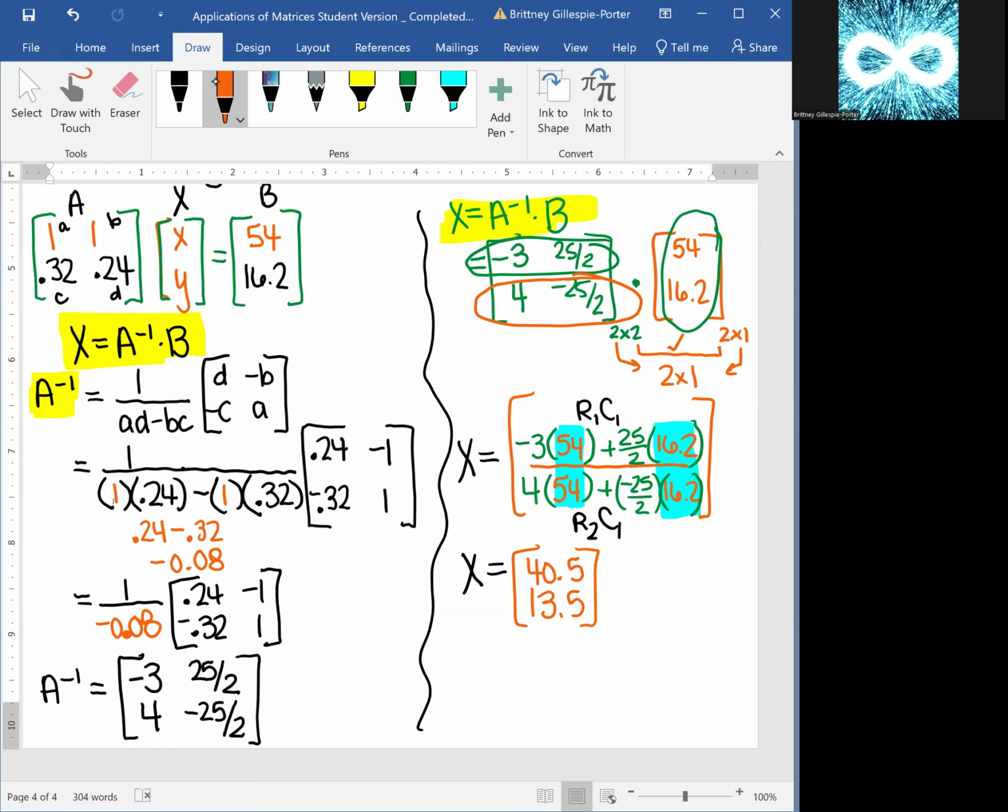Remember, you cannot stop here because they didn't ask for a matrix answer. They want to know how much lavender and how much bergamot soap they need to mix. But remember, our variable matrix, our X matrix, was equal to little x, little y, which means that X is 40.5 ounces of lavender.